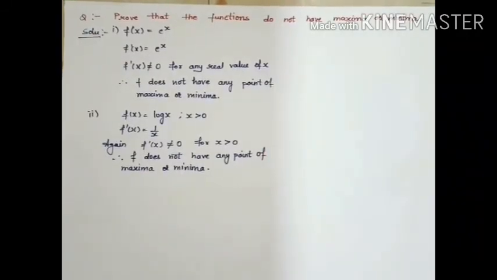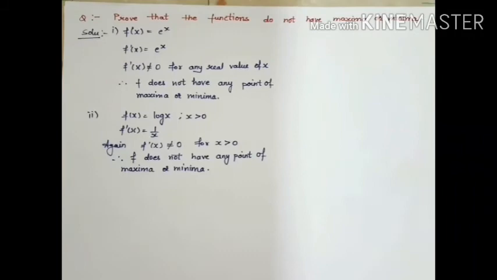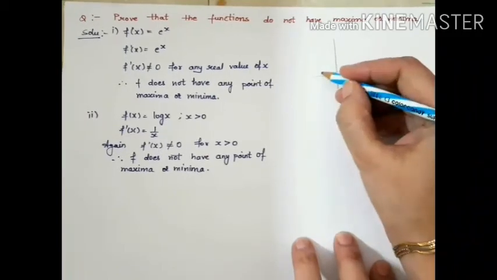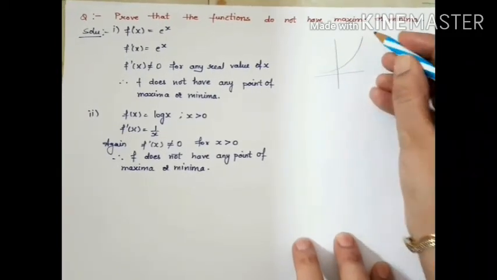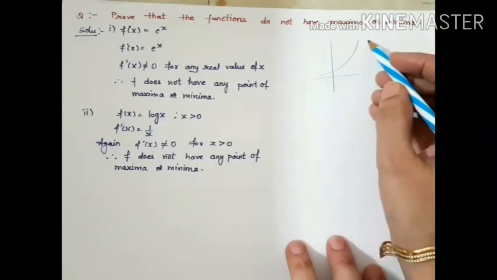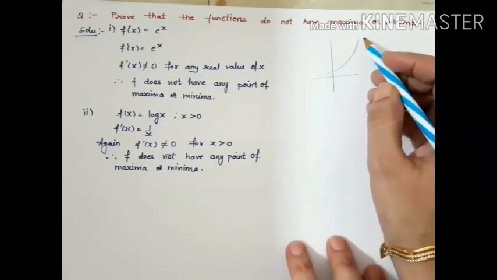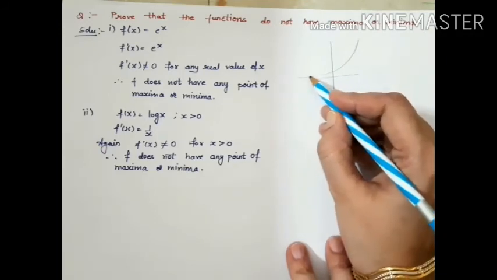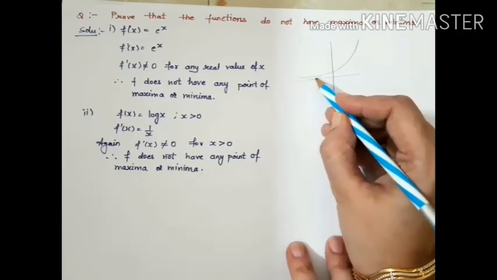Now let us take a few functions where we are not able to find maxima or minima. The first function is f of x is equal to e^x. If you look at the graph of this function, this is going to be something like this. So here we can see that we are not able to define the maximum value or the minimum value, because it will keep on moving.